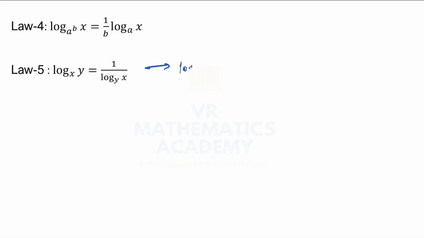log y base x is equal to alpha. Then by the definition, x raised to the power alpha is equal to y. Then x is equal to y raised to the power 1 over alpha, and log of x with base y will be equal to 1 over alpha.